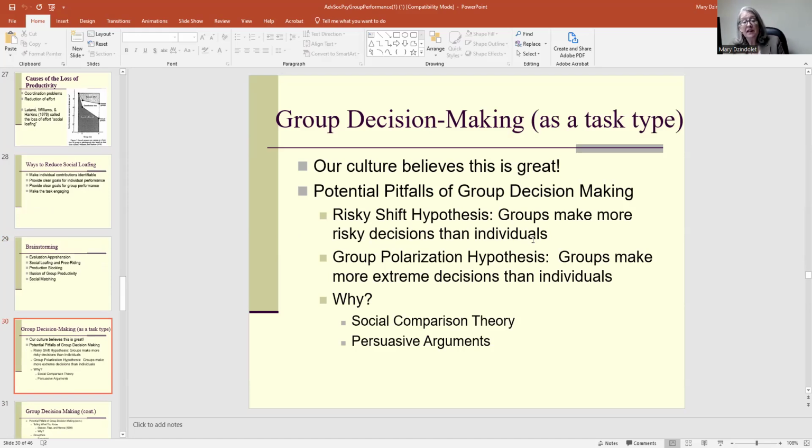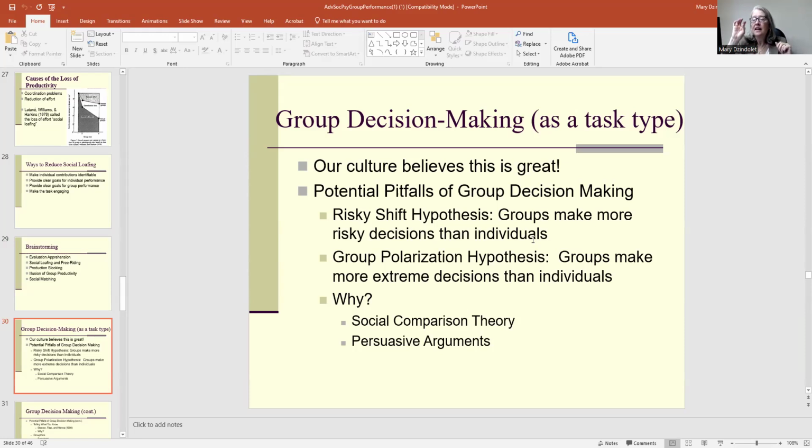So where brainstorming is a type of additive task, group decision-making can be seen as a specific type of task. You might call it compensatory, depending upon how it's majority rules. So sometimes it's seen as a type of task.